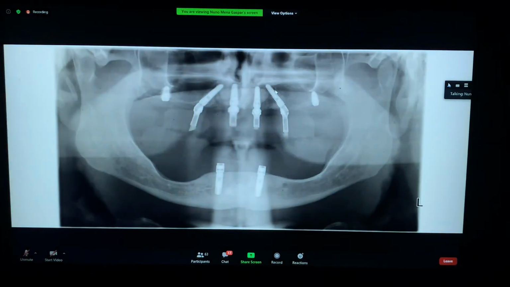Even though I had good primary stability, I had 3 to 4 millimeters of bone here and here, and sometimes it's not worth the risk. In cases like this, even with good primary stability of 75, 69 and 65, sometimes I don't immediately load these implants.